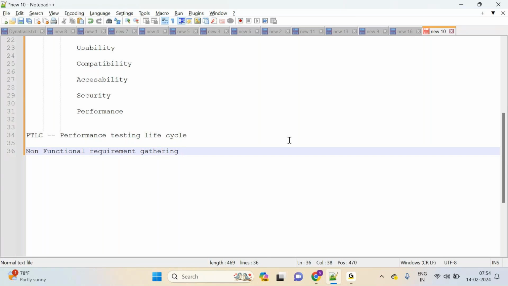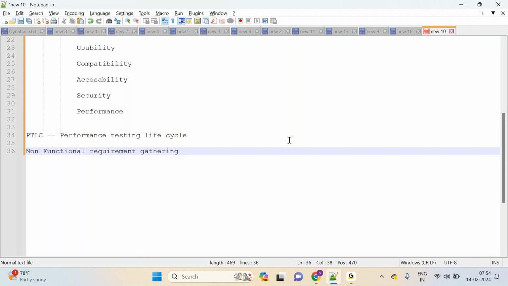So basically what is this non-functional requirement gathering? For any performance testing activity that you want to do, first of all you should know the individual requirements, what is actually required.